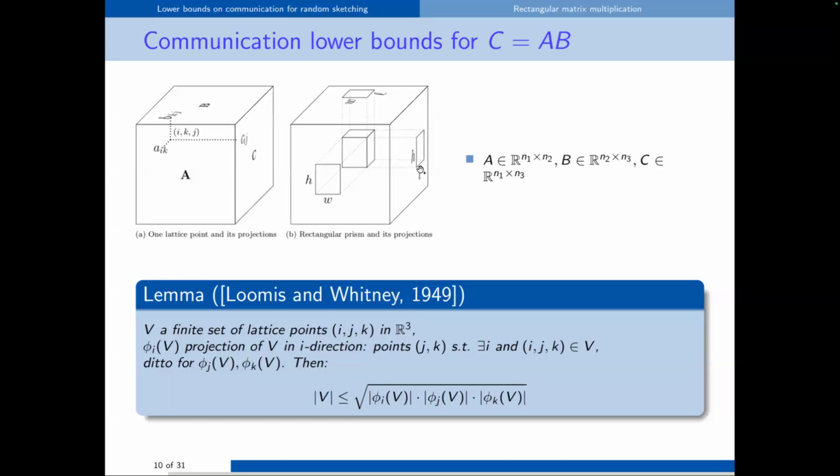So in other words, this will allow us to bound the number of floating point operations we can do given some data from A, B, and C we have in memory.